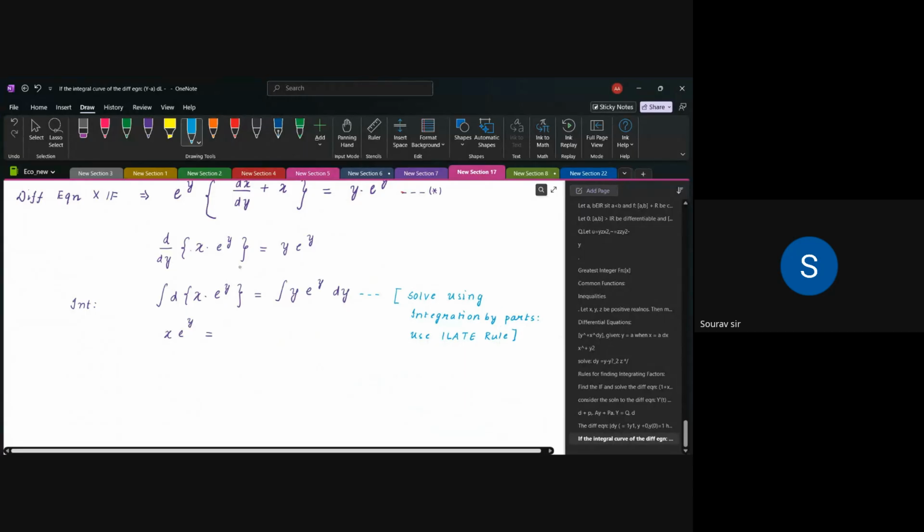And the order basically tells you that when you have to do integration by parts, which function needs to be considered as the first function and which one as the second. So in this question, y is your algebraic function and e^y is your exponential function, right? So given that A comes first, y will be considered as your first function and e raised to the power y will be considered as your second function, in the integration by parts process. And does anybody remember how to do the integration by parts?